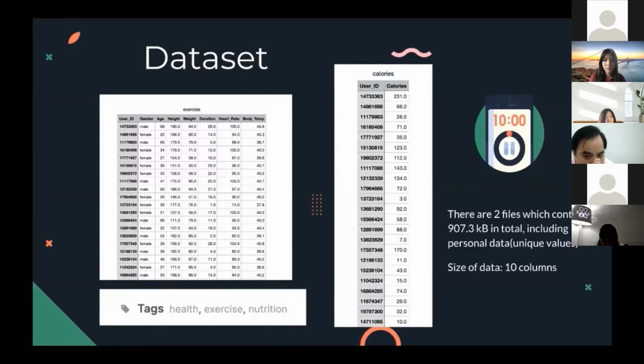There are two files which contain 107.3 gigabytes in total, including 9 personal data, known as unique values, such as user ID, age, gender, heart rate, and calories. For the size of the data, exercise.csv has 8 columns and calories.csv has 2 columns. Each row represents values gathered from each user. The personal data are gender, age, height, duration of workout, heart rate, and body temperature.